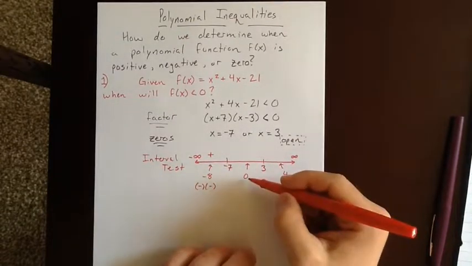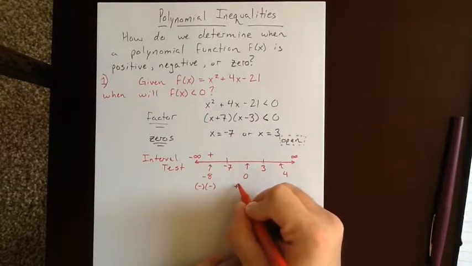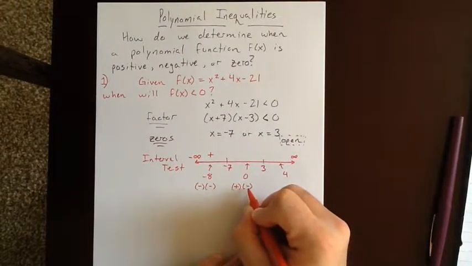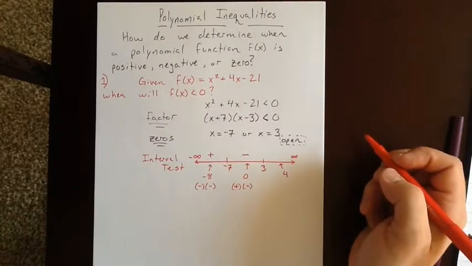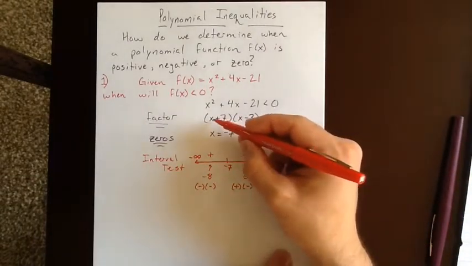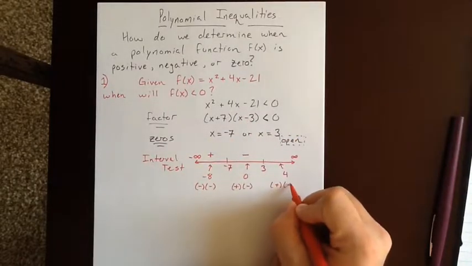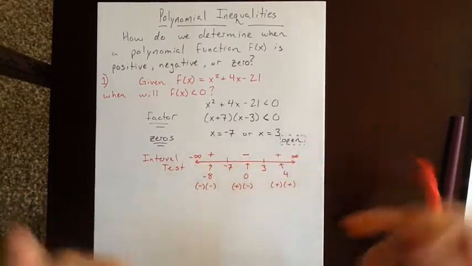Let's try the next one. When I place 0 into this, we get a positive and a negative, and when we have an odd number of negatives, the result is negative. Placing a 4 in, we get a positive on the first factor and a positive on the second factor, and when we multiply two positives, we still have a positive.